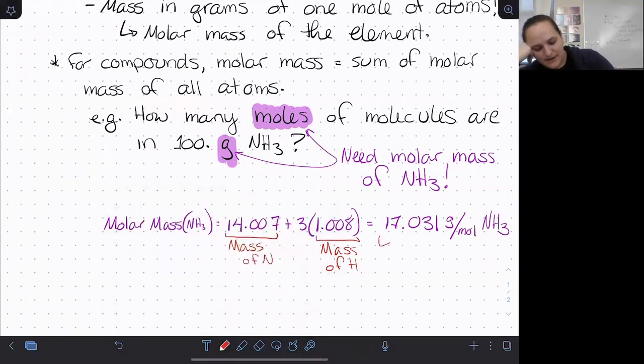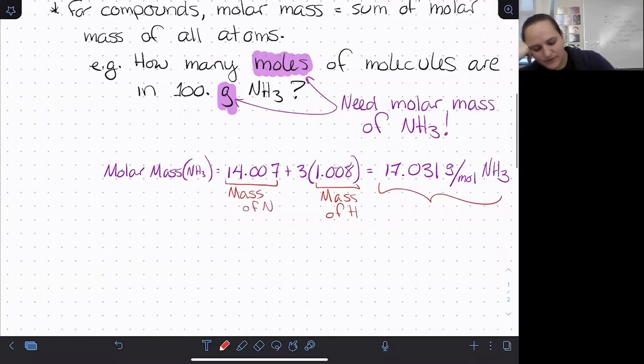So what this is telling us is that this is our conversion factor, that 17.031 grams of NH3 is equivalent to 1 mole of NH3.